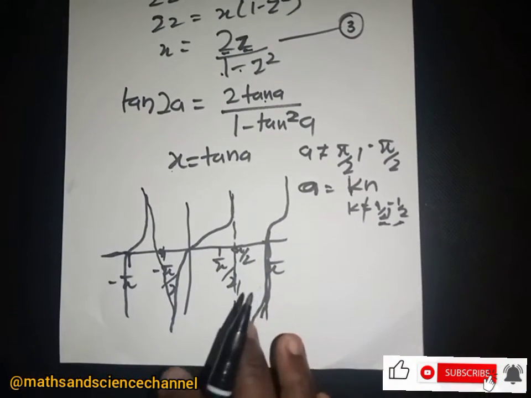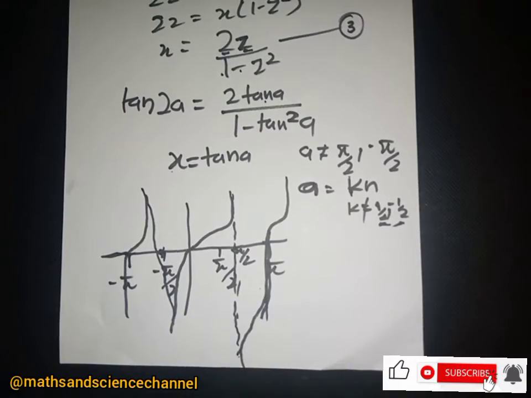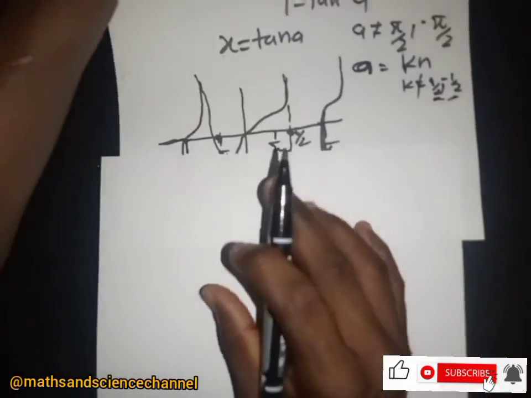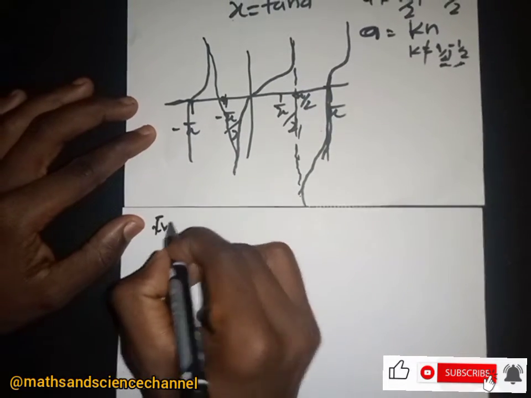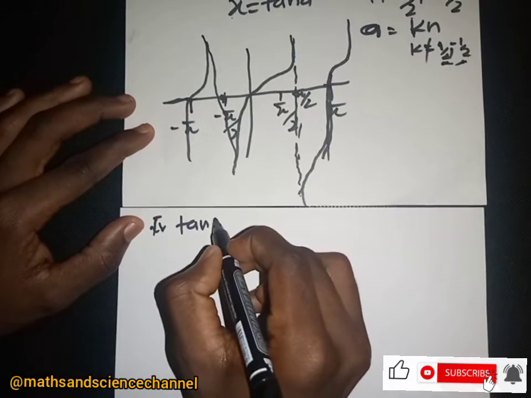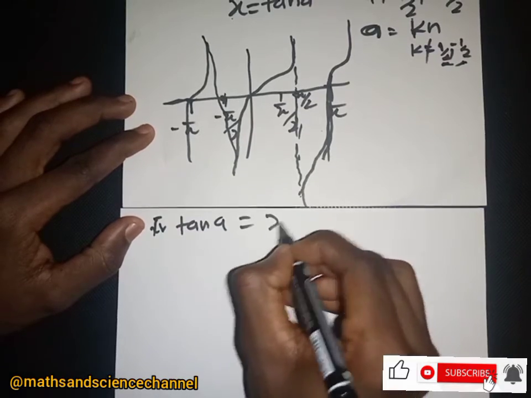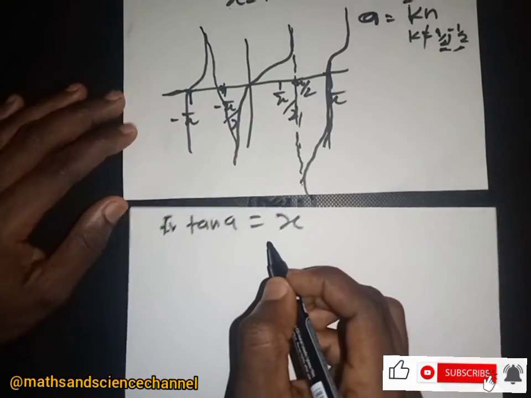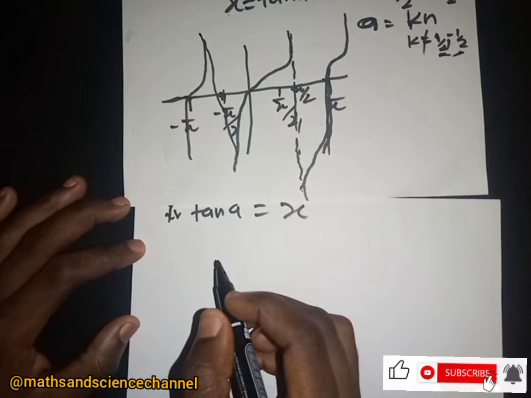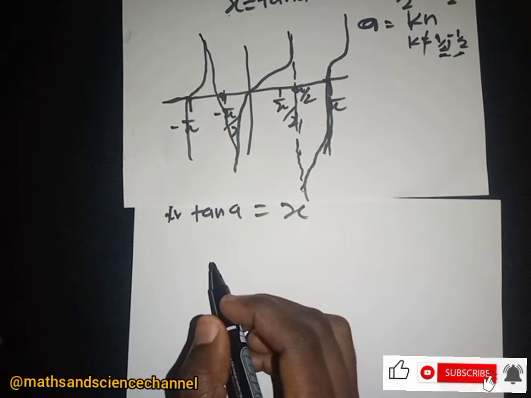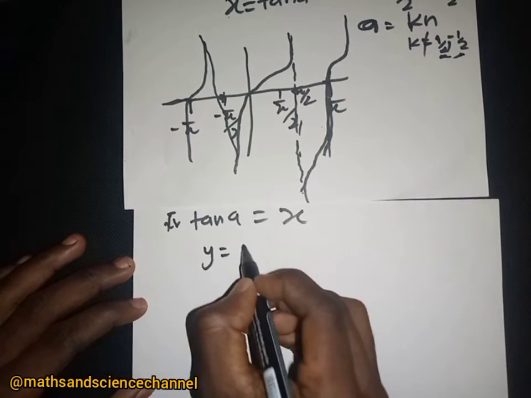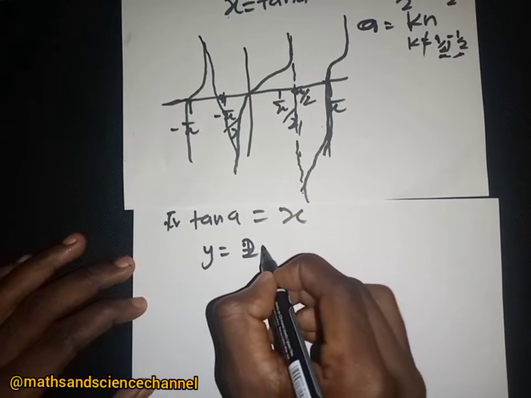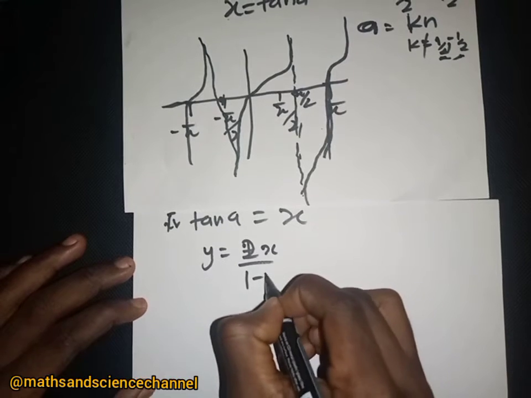And so if that is the case, then for tan a being equal to x, we can say that from equation 1, the first equation, we established that y is equal to 2x over 1 minus x squared.